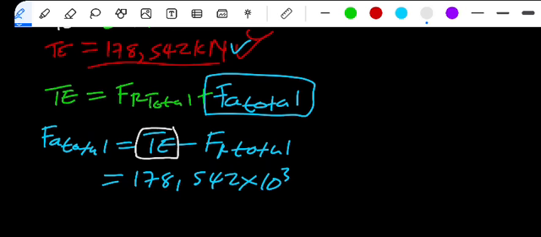We know that, guys. FR, I've shown you. This total is the combination of mass.